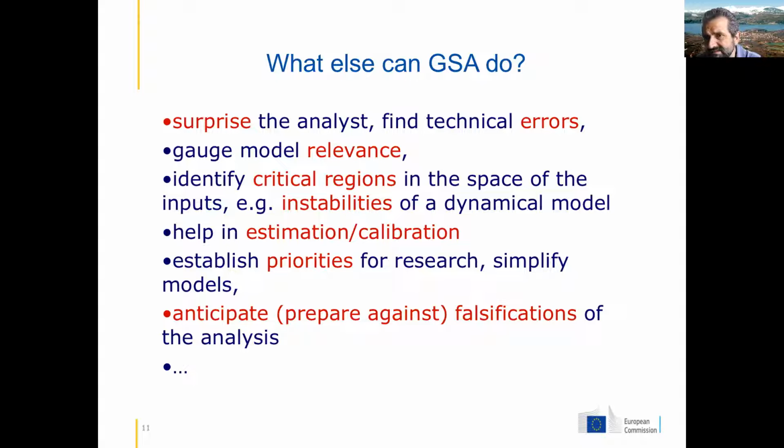So in general, global sensitivity analysis can surprise you, finding, for example, technical errors, because as soon as you start to perturb your model and check the propagation of things, you might find out that there is strange behavior for some parameter combinations, and this might be okay, or might be due to some encoding error of the model or the equations.